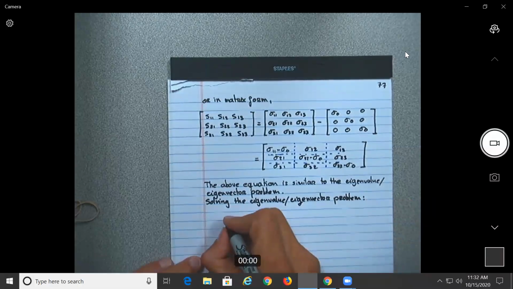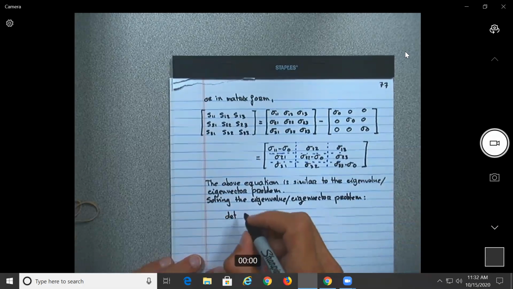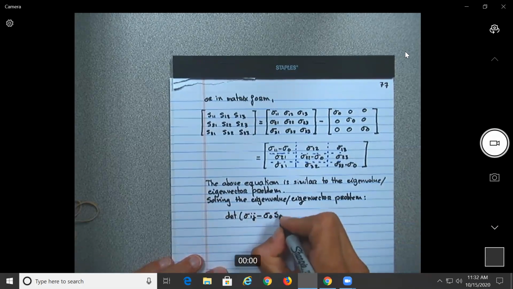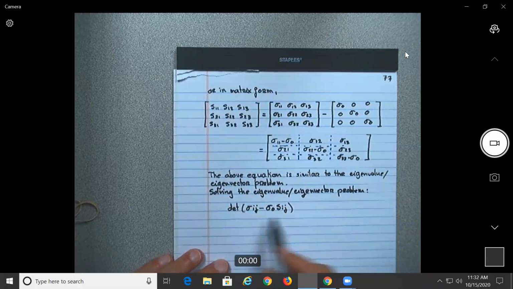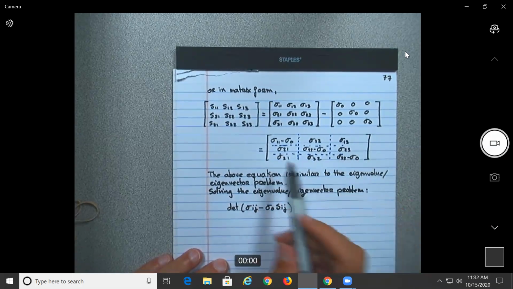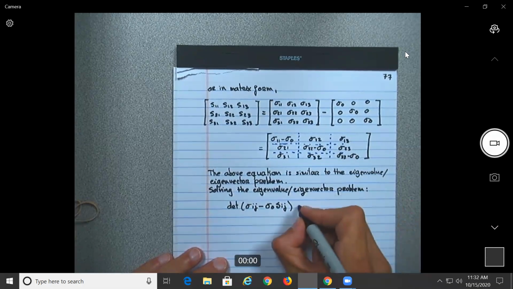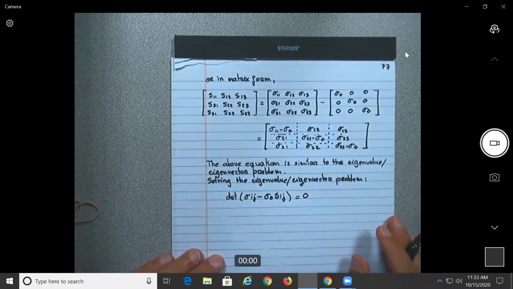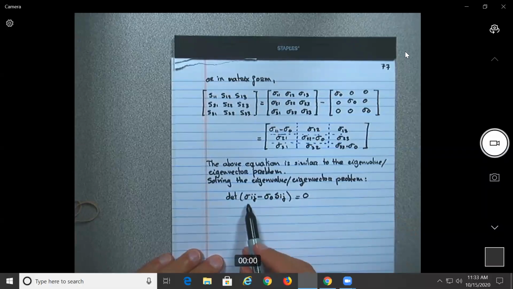So solving the eigenvalue eigenvector problem, what we're going to have is the determinant of sigma ij minus lambda delta ij, which is the same thing as this equation here, but in index notation, equal to 0. Probably the derivation I might leave as homework, but if you write down the determinant equation, you obtain the characteristic equation, no?